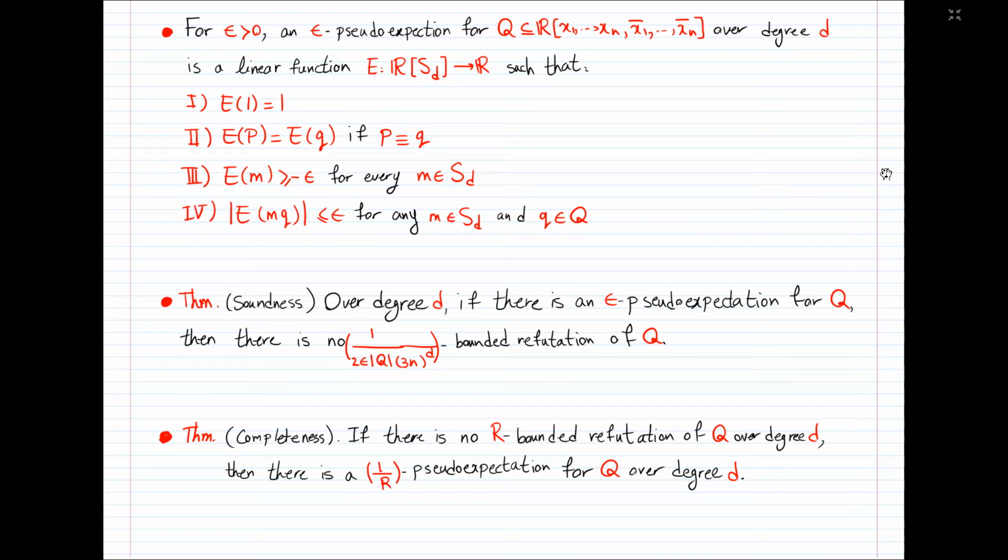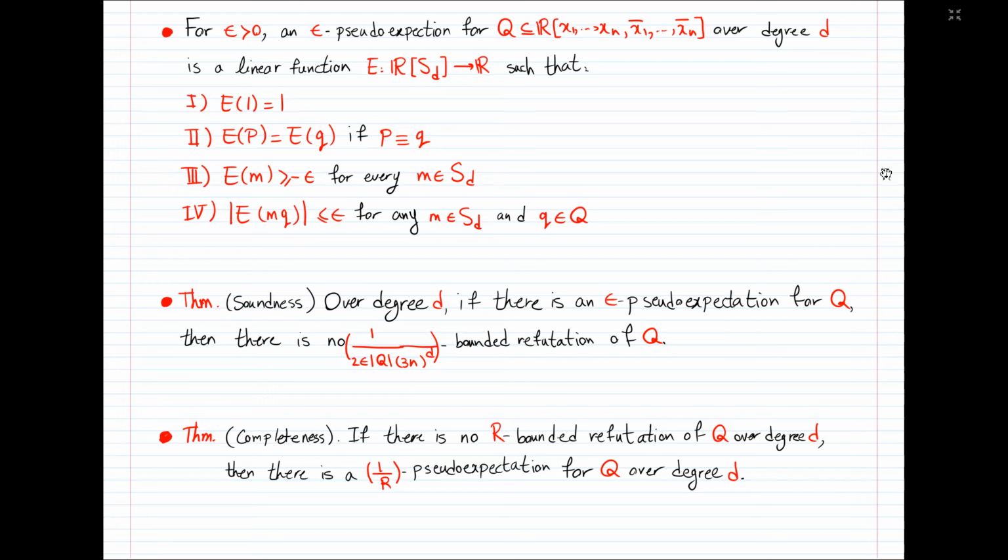The soundness theorem says that if we fix the degree d, and if there is an epsilon pseudo-expectation for Q, then there is no bounded refutation of Q in Sherali-Adams, with the specific bound given in the statement of the theorem. The proof is by applying the pseudo-expectation to the refutation and using its properties.